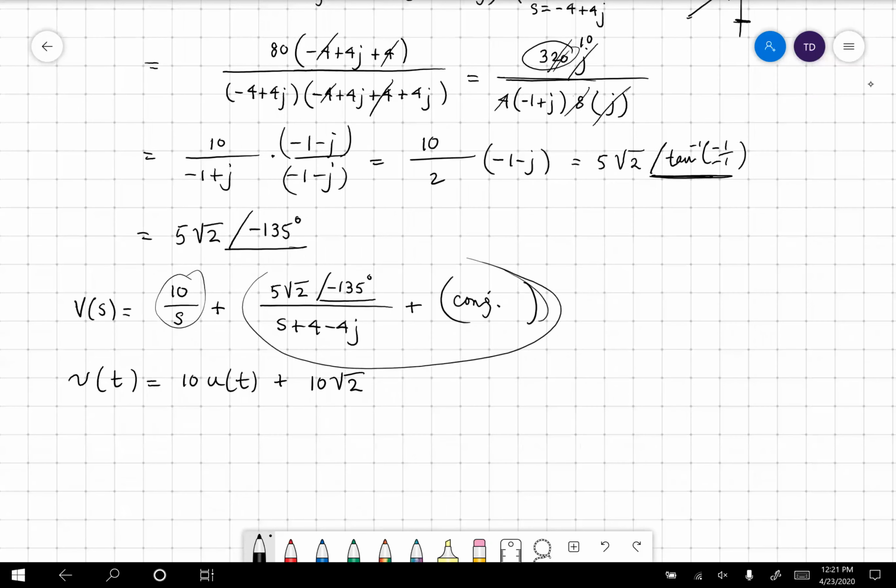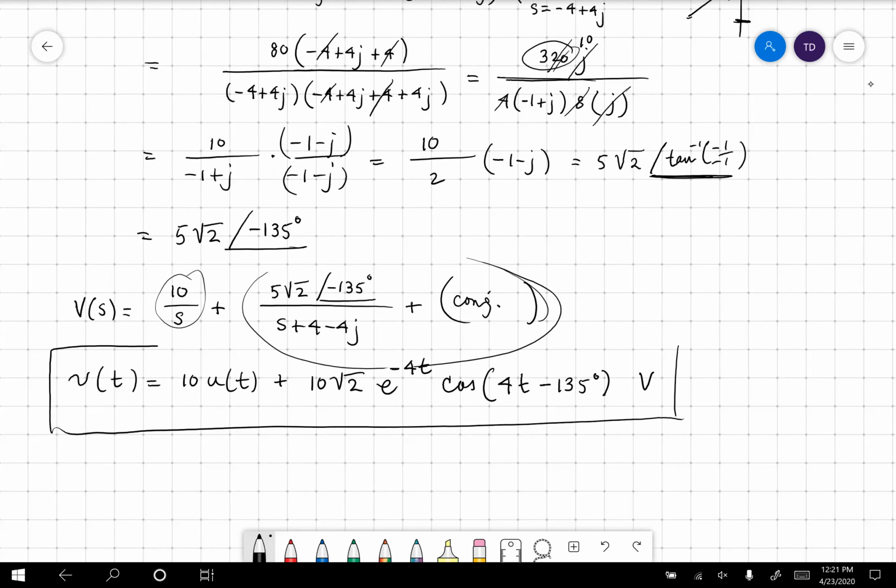That's all we do is multiply by 2, and then we throw in the cosine of omega t. Before I put the cosine in, let's put the exponential in. E to the minus 4t cosine of 4t minus 135 degrees. It's a voltage that is in volts. So for part A, we have this.